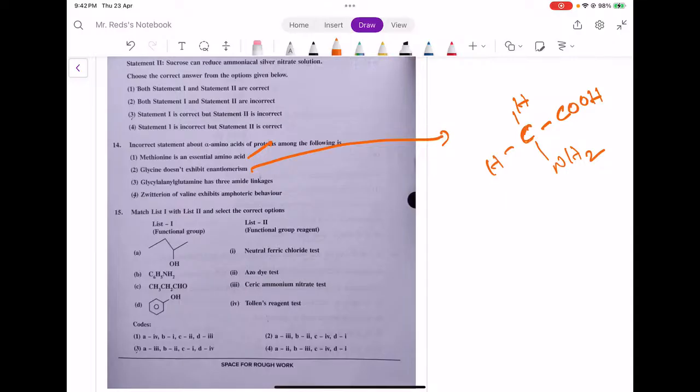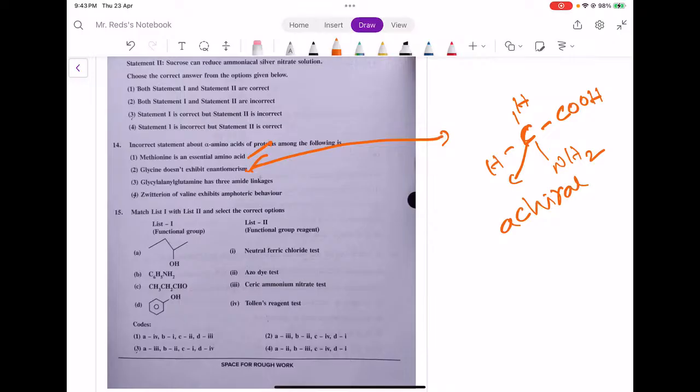This carbon is an achiral carbon. If the compound has an achiral carbon, it does not exhibit enantiomerism. So this statement is also correct, but the incorrect statement is asked.